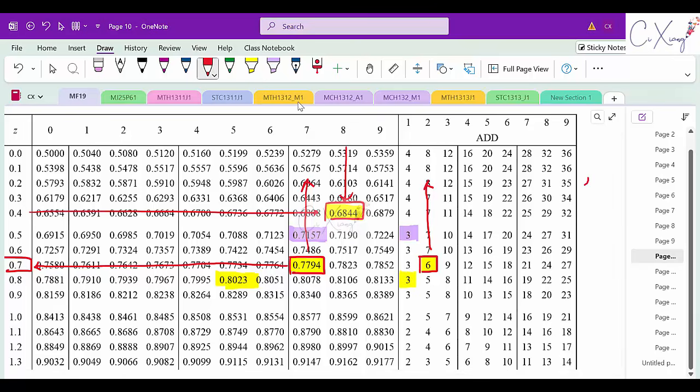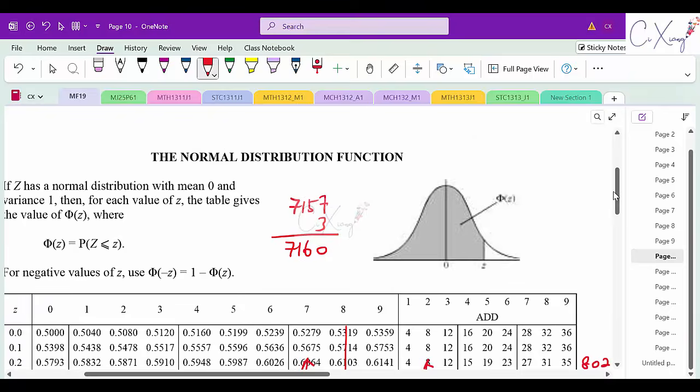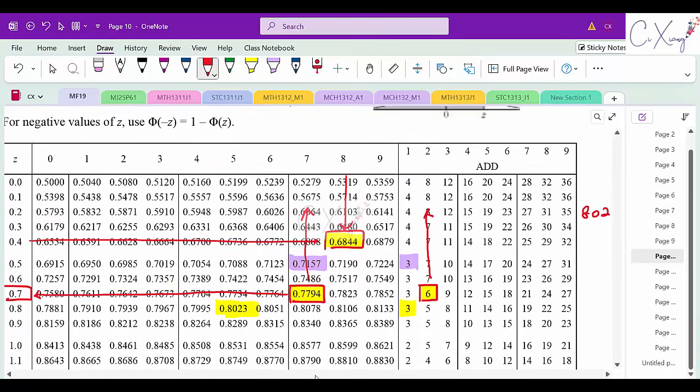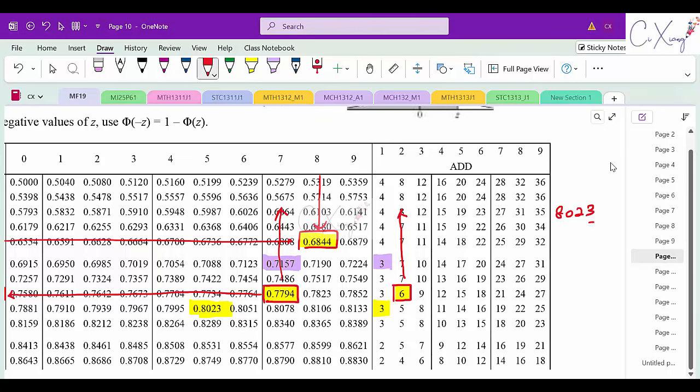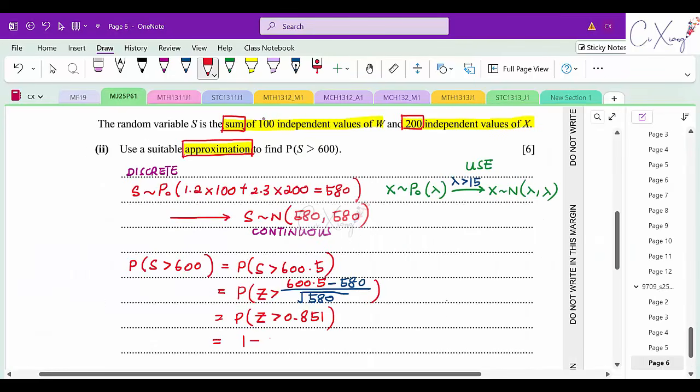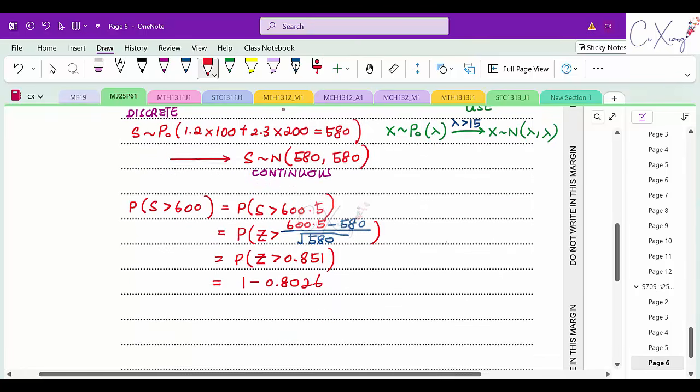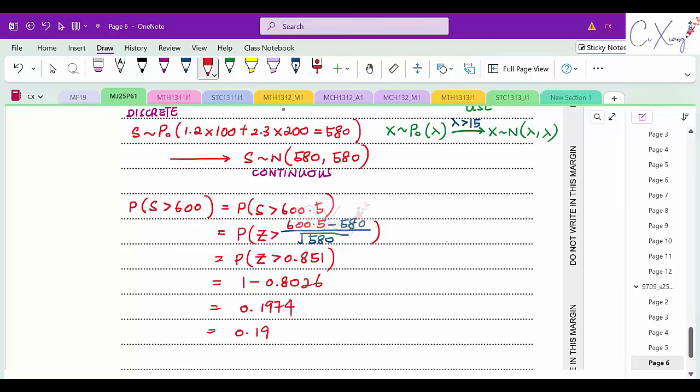That means you take 8023, add the 3 at the last digit, so you'll have 8026, right? Then you take 1 minus 0.8026, and you'll get 0.1974. Then for me, I will of course correct it to 3 significant figures, where you should have 0.197.